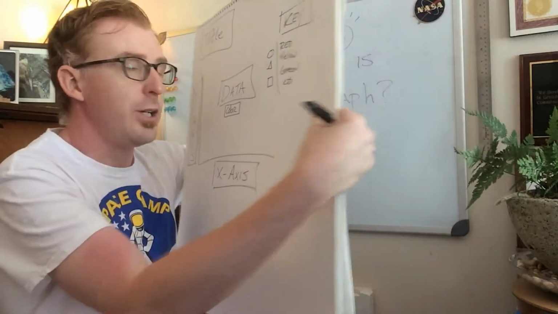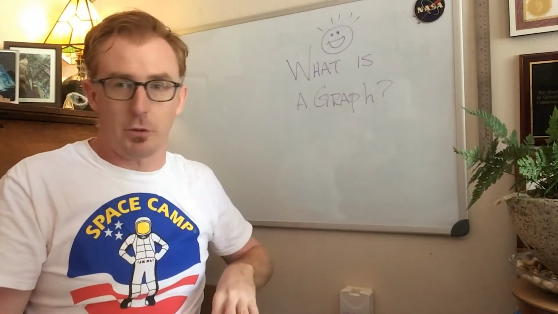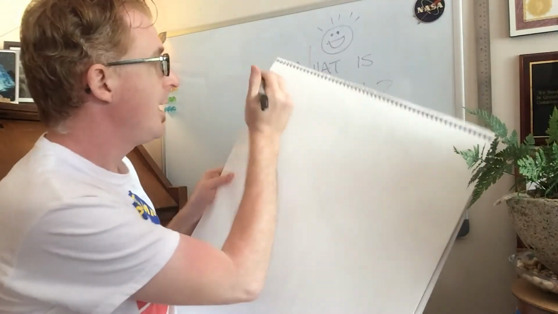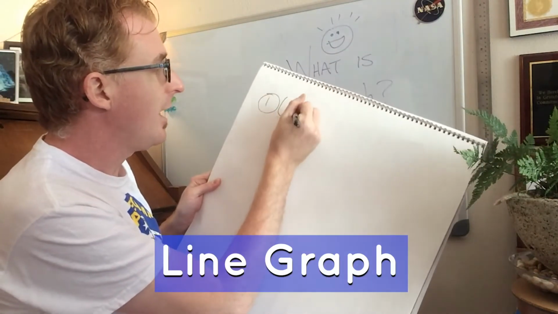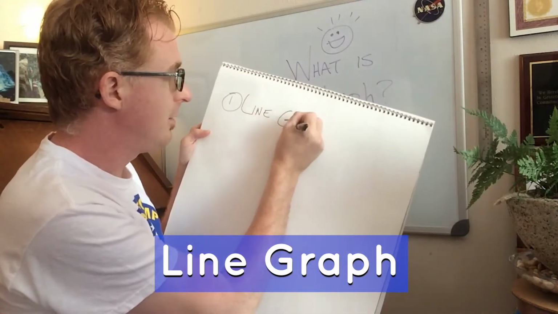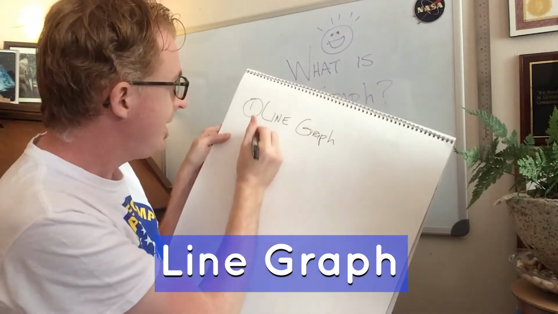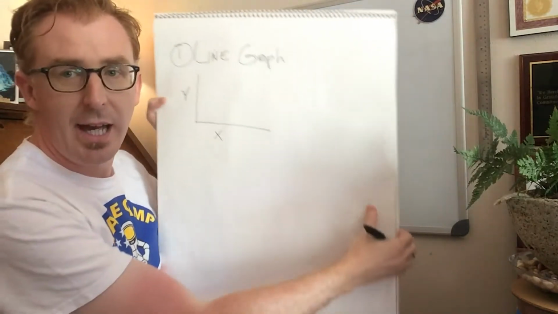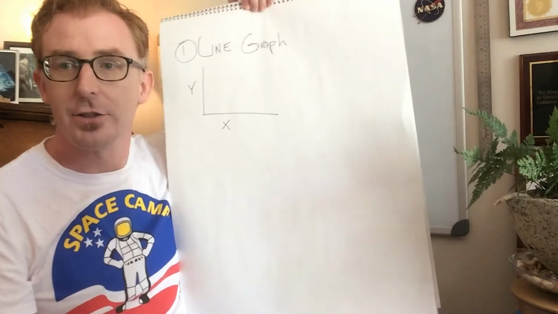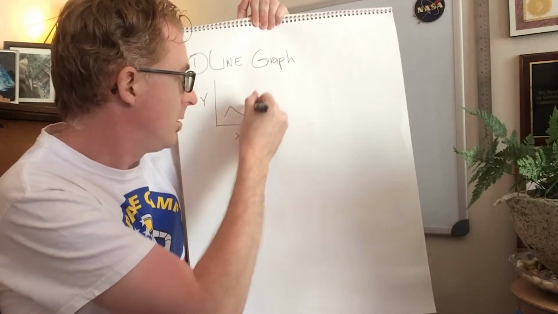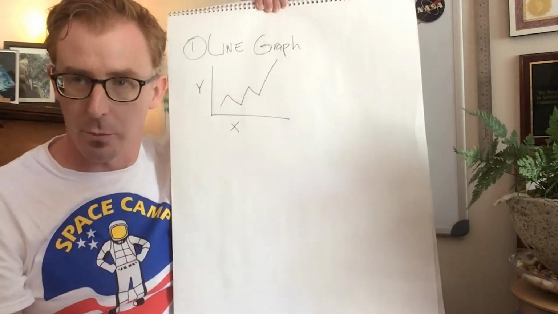So there are three major types of graphs. Now we're going to go over these in detail with different videos, but the first happens to be a line graph. So we have a line graph, and you have your x and your y, and on a line graph you organize your data set using line representation.